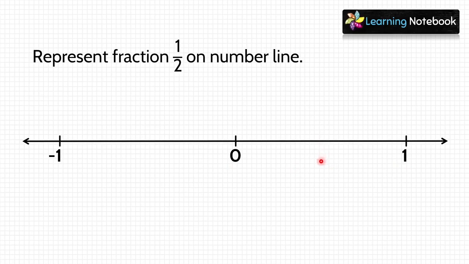So, let's divide the part between 0 and 1 into 2 equal parts. So, students, now each of these parts represents fraction 1 by 2. So, in this way, we have represented fraction 1 by 2 on number line.